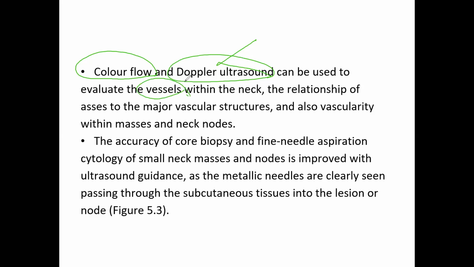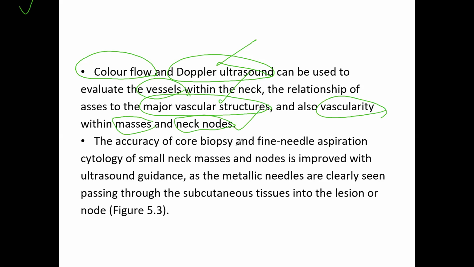Number one, vessels you should be keeping in mind: the relationship to the major vascular structures. You should also see the vascularity of the tumor within the masses, and also within the neck nodes.